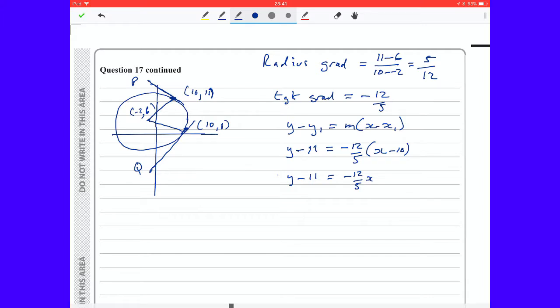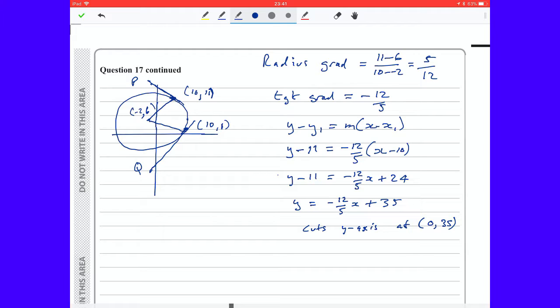And when I multiply the -12/5 by the -10, it becomes positive. The 5 cancels into the 10 twice, and I get 12 times 2 is 24. So y is equal to -12/5 x. Take the -11 the other side, becomes positive. So 24 plus 11 is 35. And that cuts the y-axis at 0, 35.